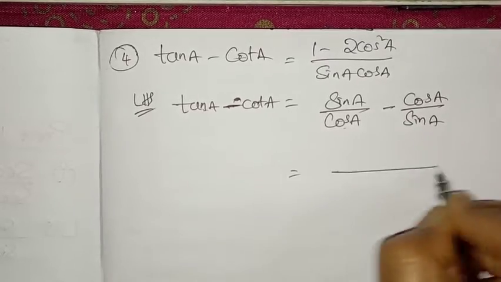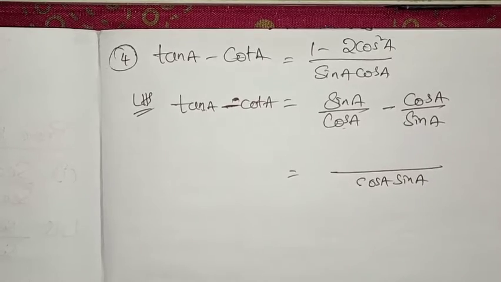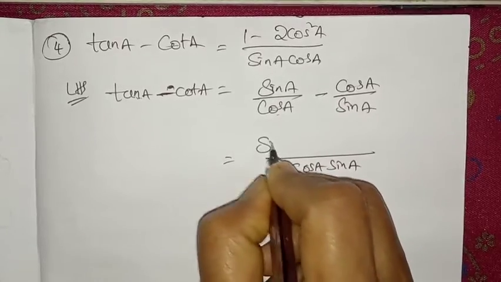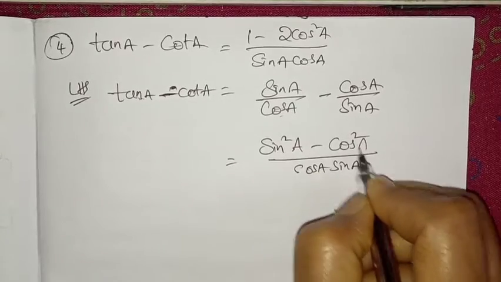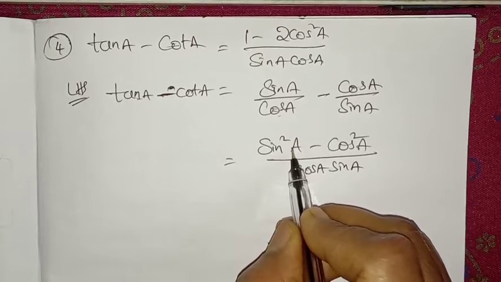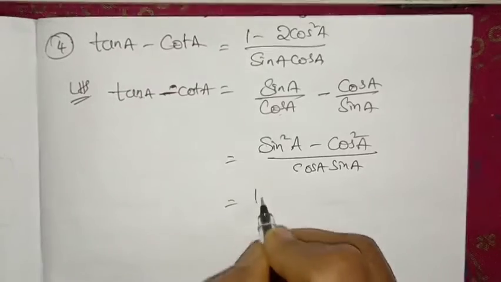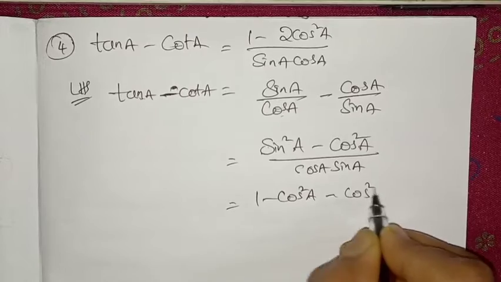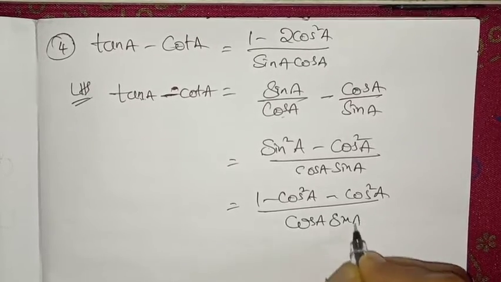Okay, now LCM cos A sin A, right? So now here, sin A into sin A, sin square A, cos A into cos A, cos square A. Okay, now sin square, how can we write? Sin square A can be written as 1 minus cos square A. So (1 minus cos square A minus cos square A) by (cos A sin A).